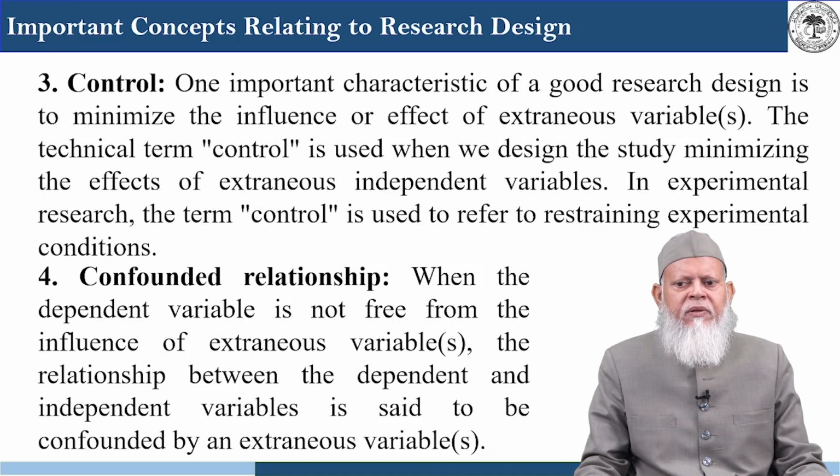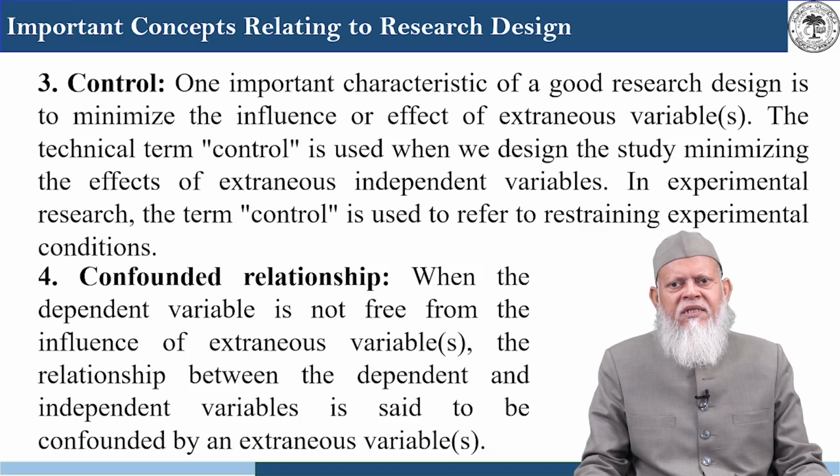In experimental research, the term control is used to refer to restraining experimental conditions. So, we are studying the impact of fertilizer on the productivity. There are other factors also which do affect, like the quality of seed, quality of land, quality of irrigation.